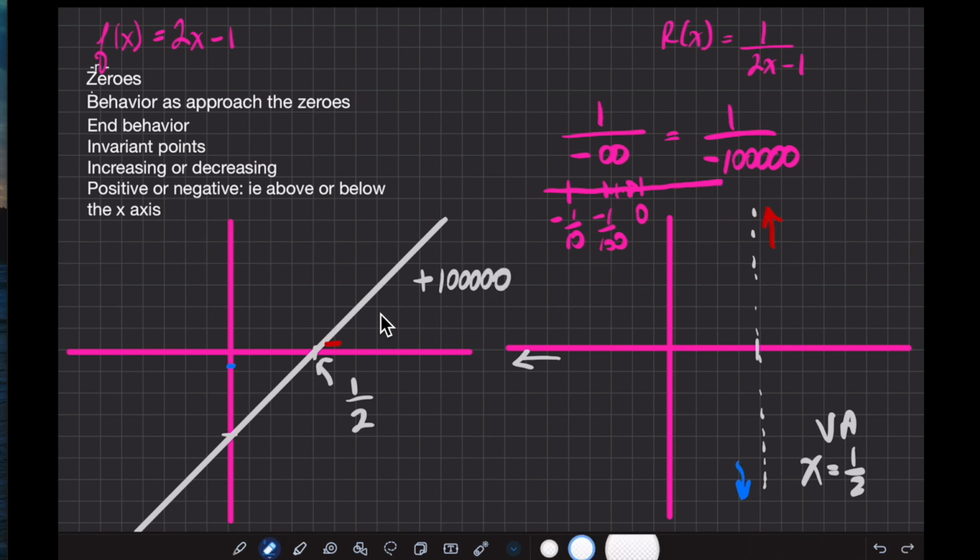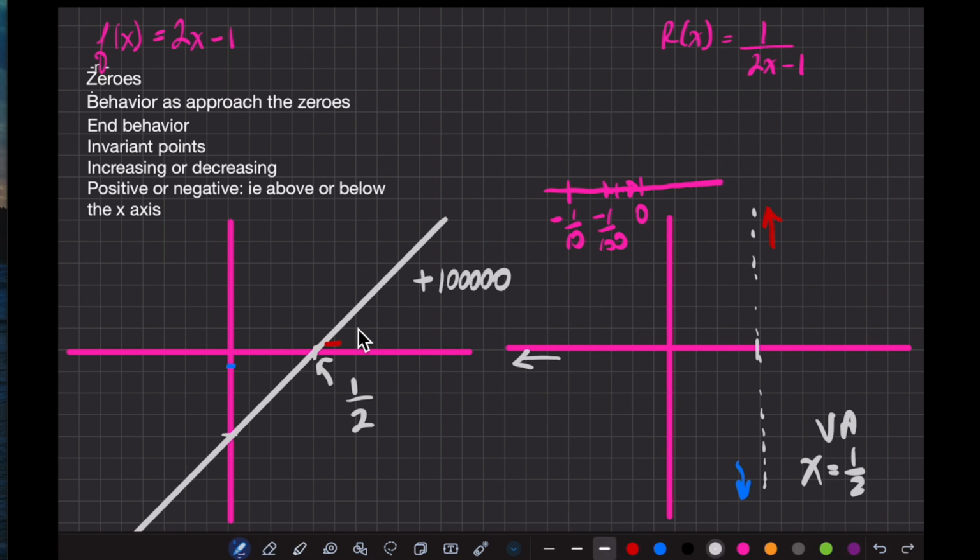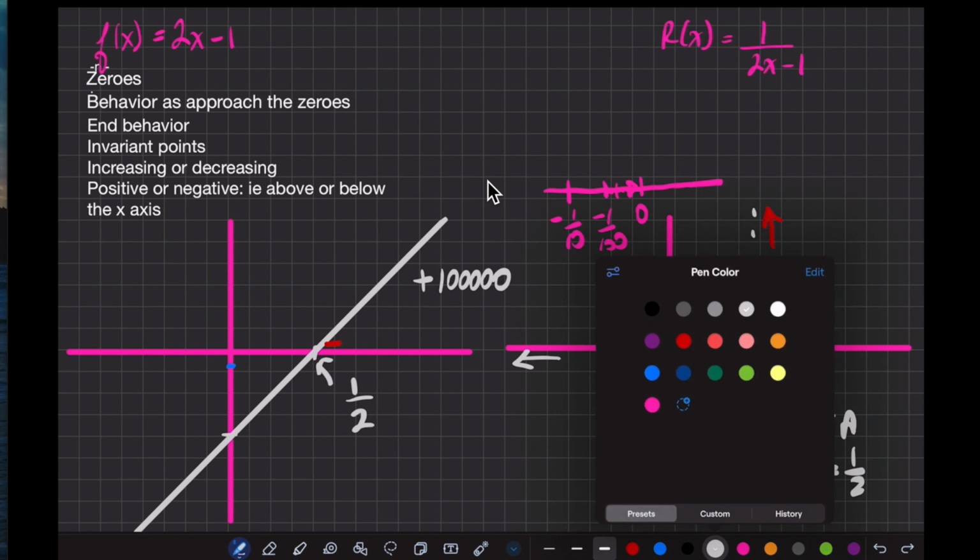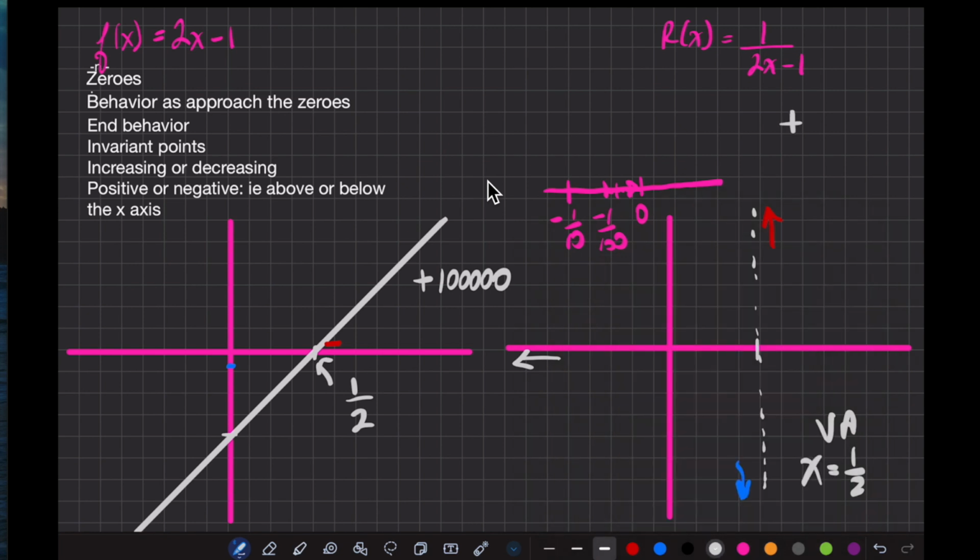Okay, now we're going to go to the reciprocal graph. We're going to keep that original number line. And whereas the original goes towards positive 1 million, the reciprocal graph is going to head towards positive 1 over 1 million. All right, so it's going to be at positive 1/10, positive 1/100, positive 1 millionth.